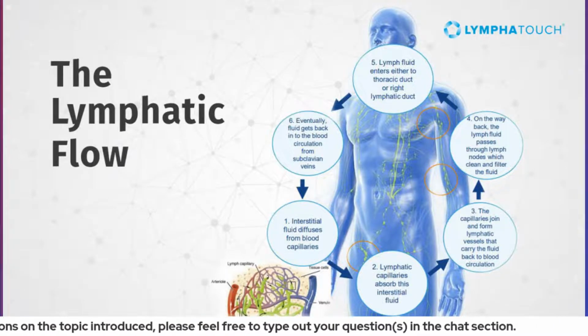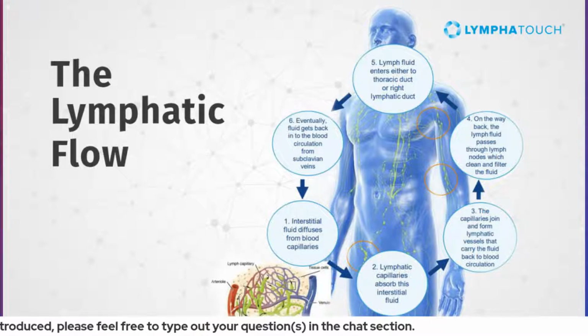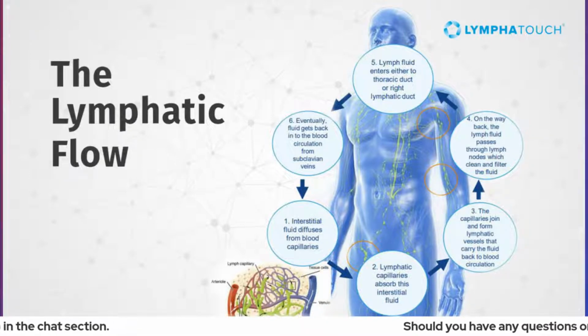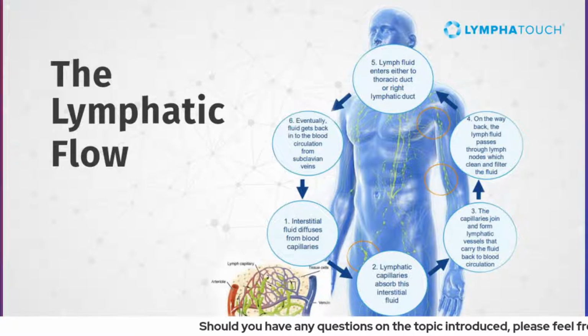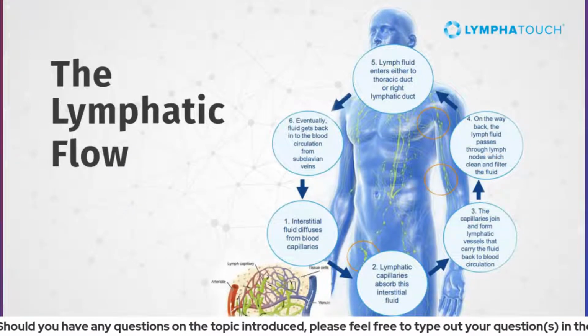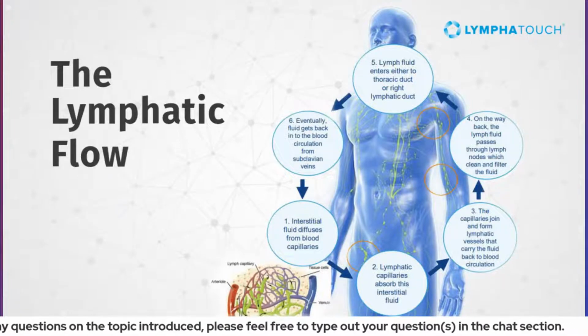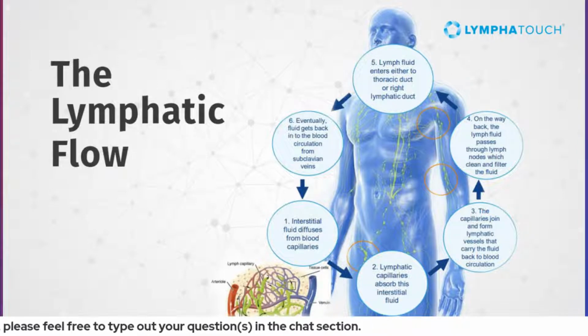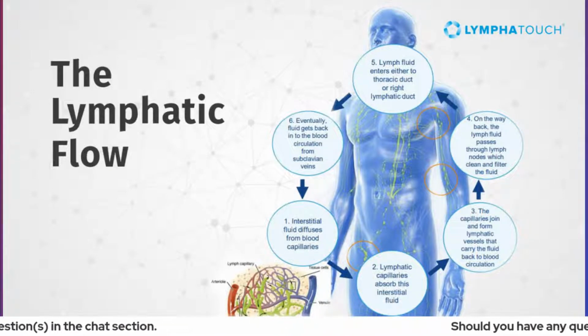It is an extensive network of vessels, nodes, and ducts that pass through all body tissues. Their main function is to clear toxins and impurities in the body, and they play a role in maintaining fluid balance, fat absorption from our intestines, and a very crucial role in our immune system response.